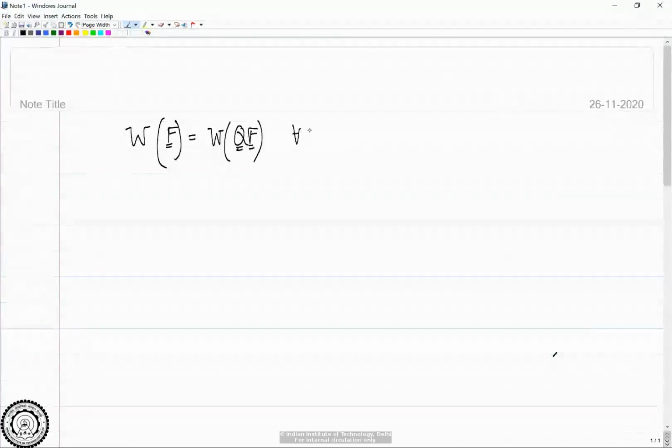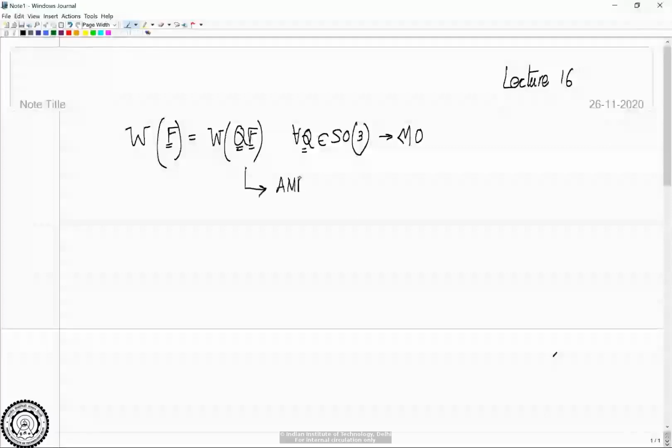And this holds for all Q in SO(3), for all rotations. Okay, so this is called MO. And we said the outcome of this was that A and B is automatically satisfied.